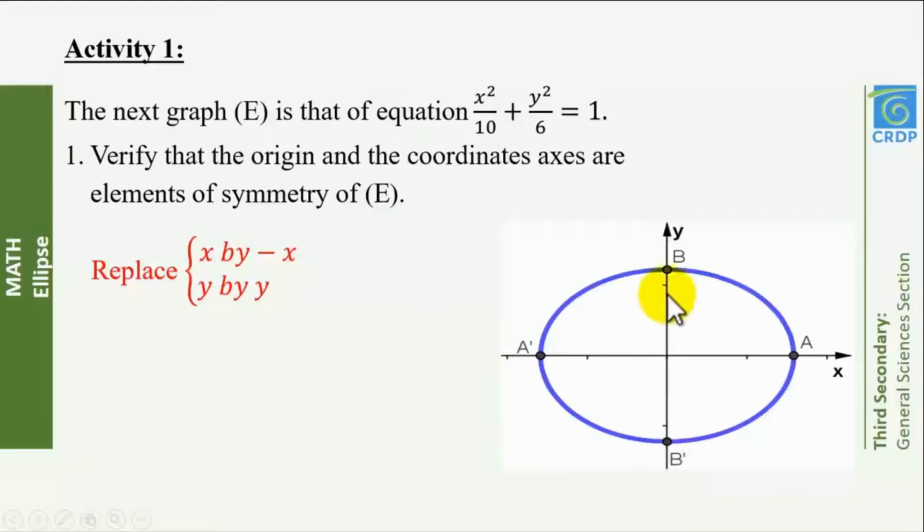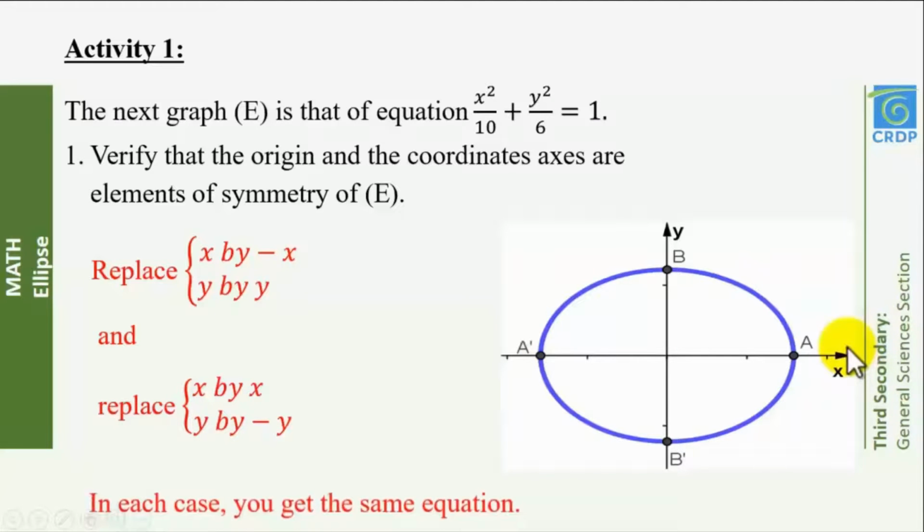Then y prime y, axis of symmetry. And replace again x by x and y by minus y. We get the same equation. Then x prime x, axis of symmetry. Therefore, the origin, the x-axis, and the y-axis are the elements of symmetry of E.